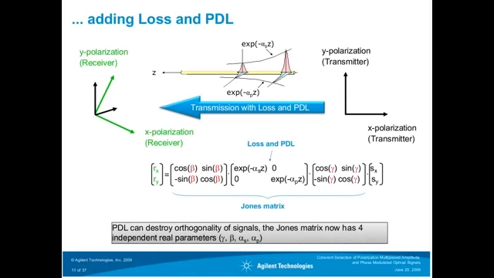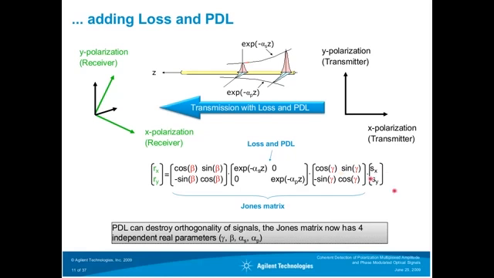Now, if you add loss and PDL to your transmission link, you can easily look at this using this graph. There's a signal coming in on this polarization and on this polarization, but you have different attenuation constants for those two polarizations. There's an alpha S for this and an alpha P for this. So if you look at the matrix again, you have an SX and SY from the transmitter, then there's a rotational matrix because the principal values of the PDL need not be aligned with the transmitter frame.